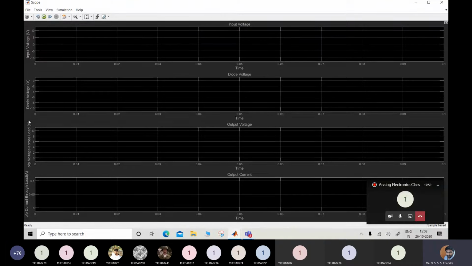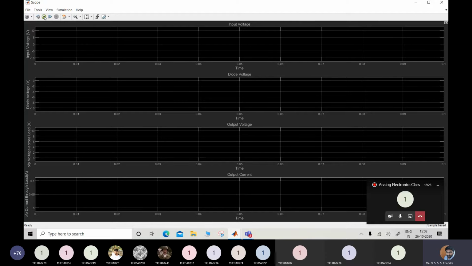The second one is diode voltage on the y-axis, with time on the x-axis. The third one is output voltage across the load resistor, and the fourth one is output current through the load in amperes. I'm again running it for only 0.1 seconds to showcase 5 cycles.